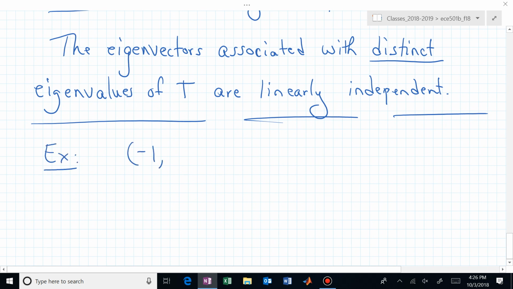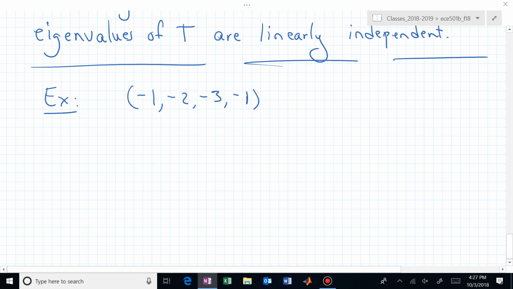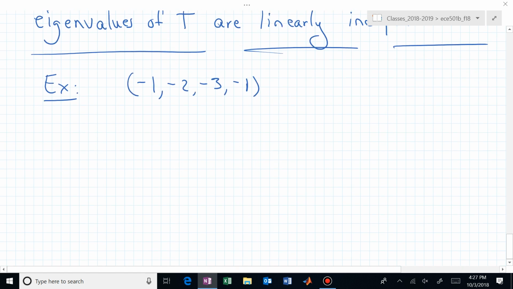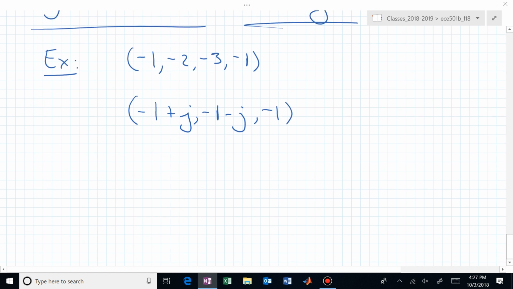Suppose I give you -1, -2, -3, -1. That's one set of eigenvalues. Another set, let's say, is -1 plus j, -1 minus j, and -2. Or it even could have, let me say -1, just to make it a little bit more interesting, and now -1 plus 1.